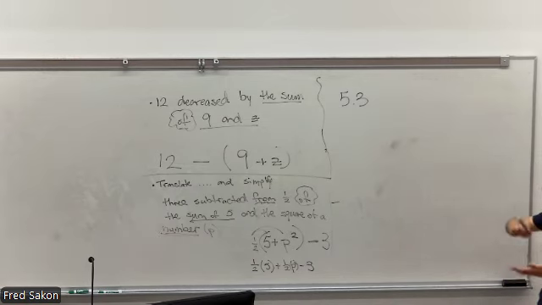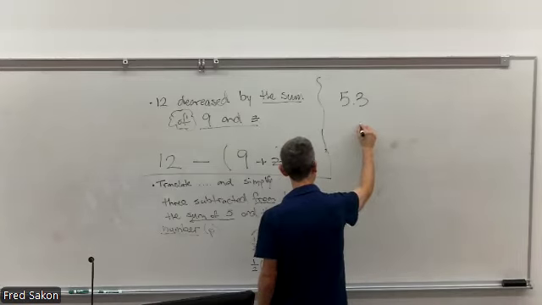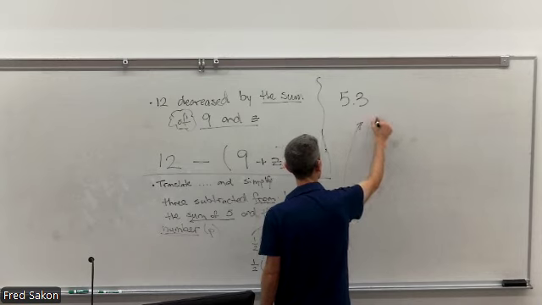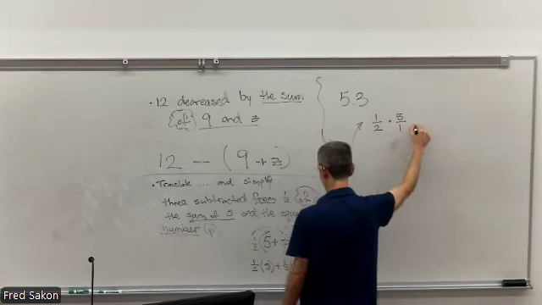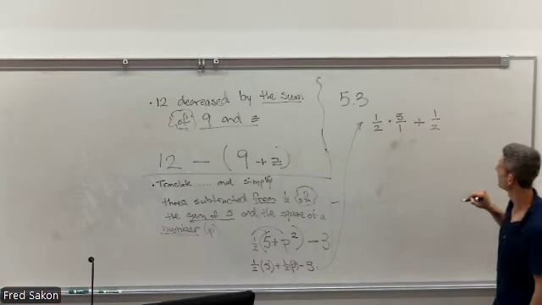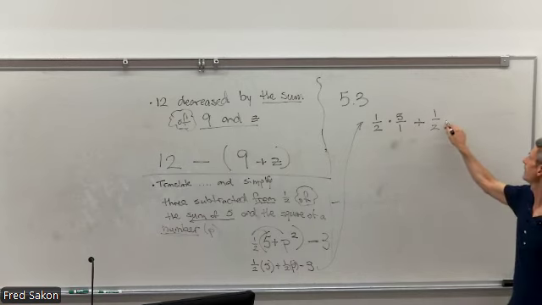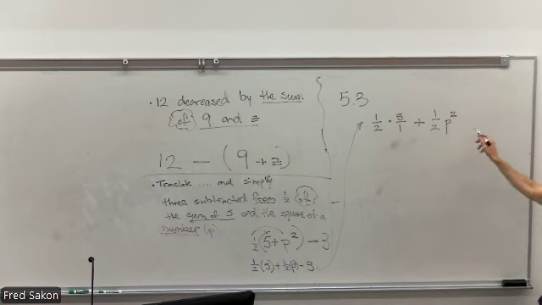Remember, place that whole number over 1 to set up 1/2 times 5 over 1 plus 1/2 times the variable. You can just write the fraction and then the variable part next to the fraction, clearly next to it, not on the denominator. Okay? And then minus 3 over here.